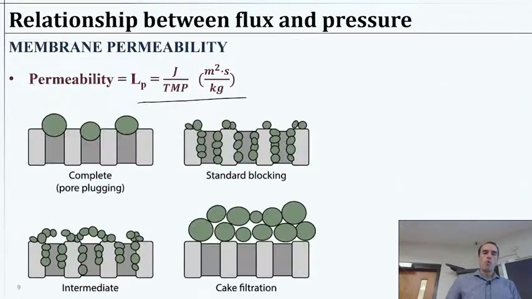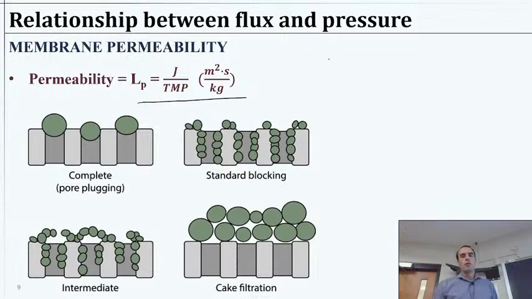Okay, one last definition for us that's very related to this is the permeability. We say that a term, LP, for permeability, is the flux over the transmembrane pressure. So it's kind of like how likely is it for water to make its way through?